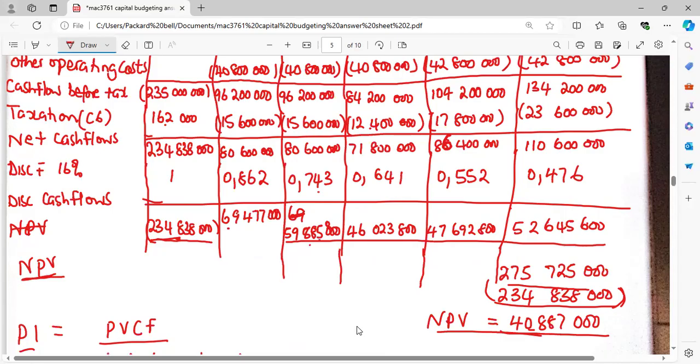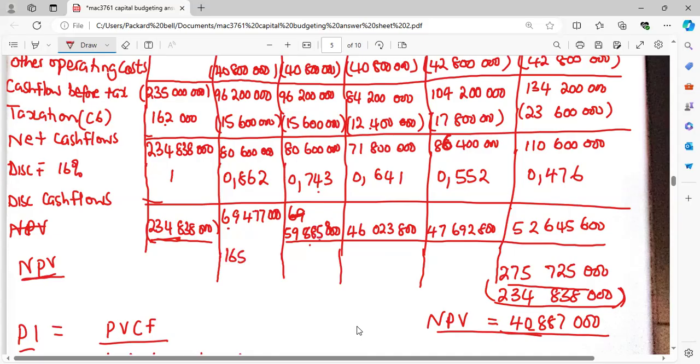Right, so let's start here. We subtract this one. How much are we going to be left with if we subtract 69,747,000? 165,361,000.